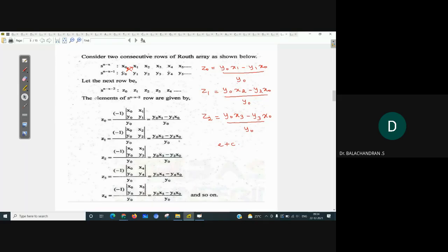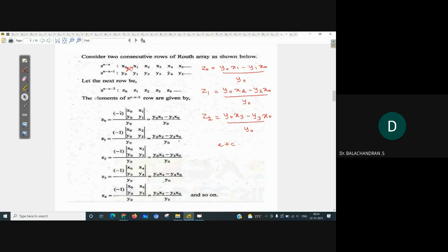In the first column everywhere you have x0, y0, and only the second column changes. For z0 you have x1, y1; for z1, x2, y2; for z2, x3, y3; similarly for z3, x4, y4.